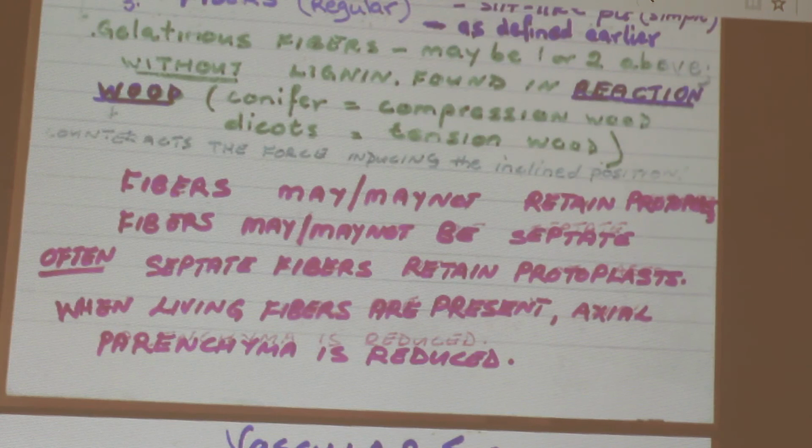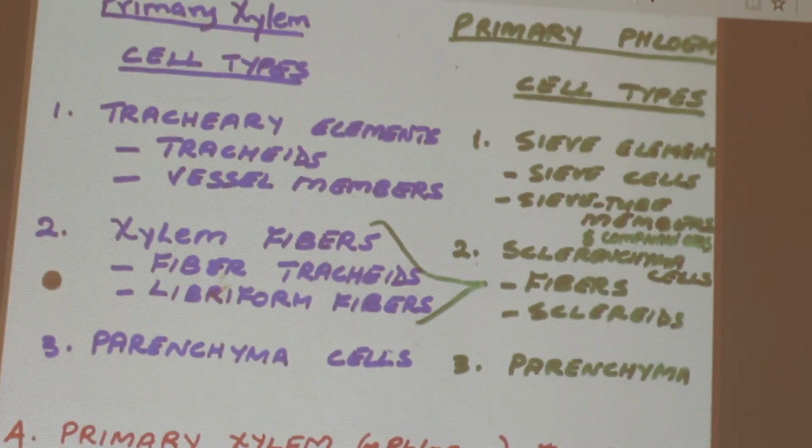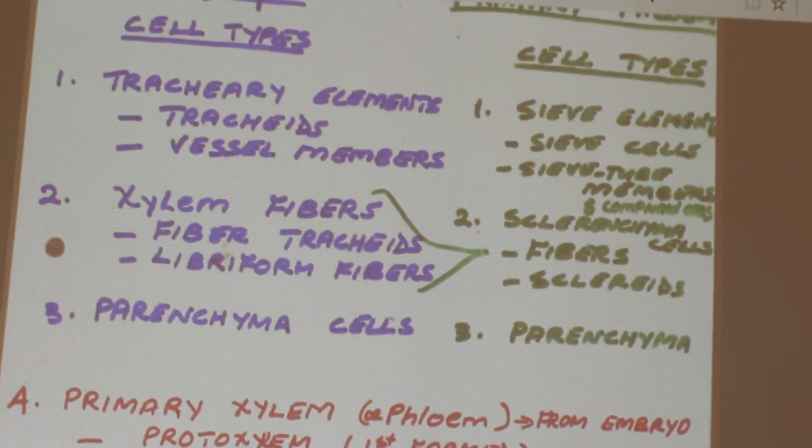When we talk of the vascular system, we are talking about xylem and phloem. I've presented cells of the xylem. You will find that in most cases when you look at xylem and phloem, there are certain things that are common. Parenchyma cells would be common.